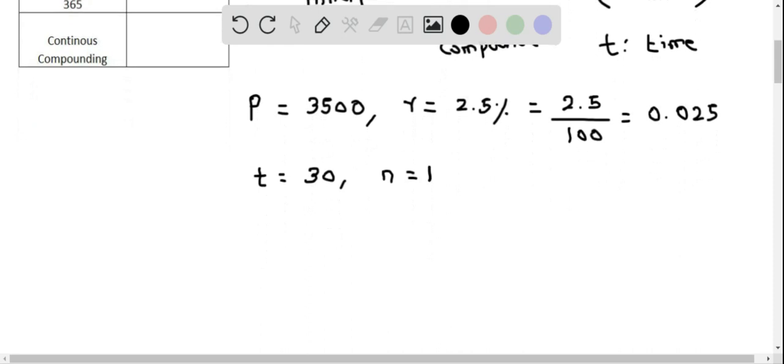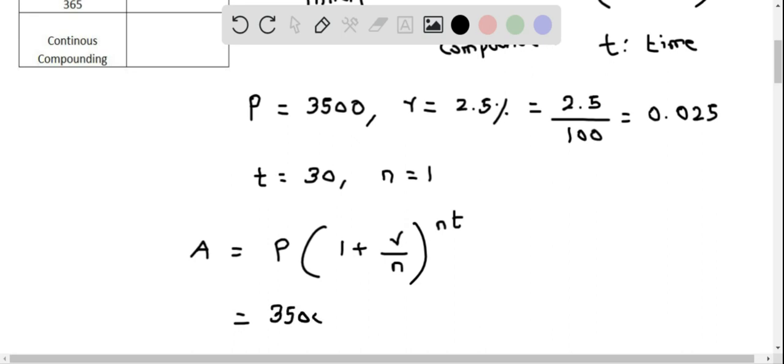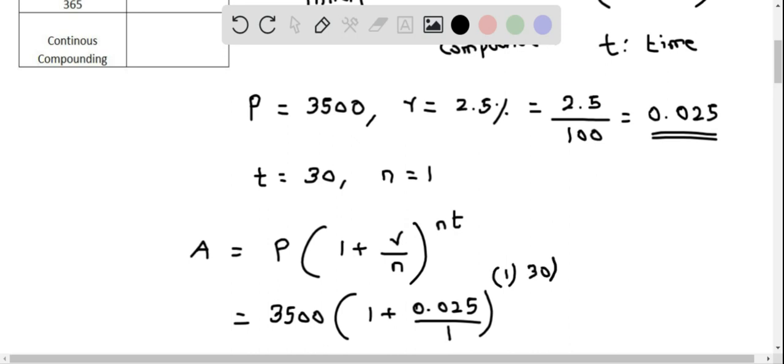So let's substitute into the formula. Let me copy the formula: A equals P times (1 plus r by n) raised to the power of nt. So the amount will be, plugging in P equals 3,500 times (1 plus the rate of interest in decimal form, 0.025 divided by n, which is 1) raised to the power of 1 times t, which is 30 here.